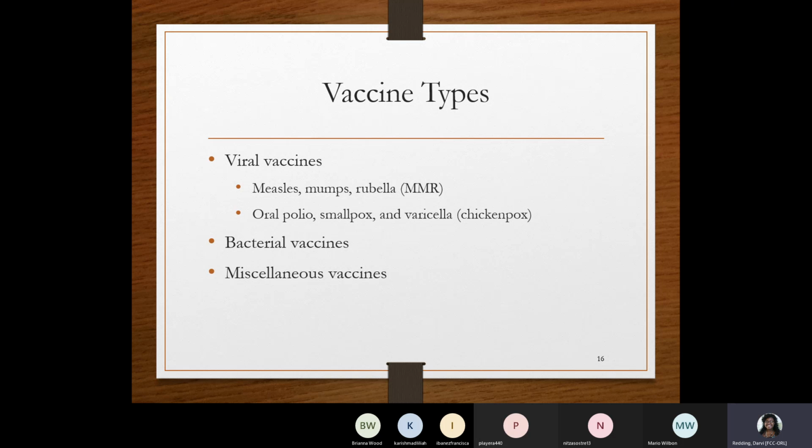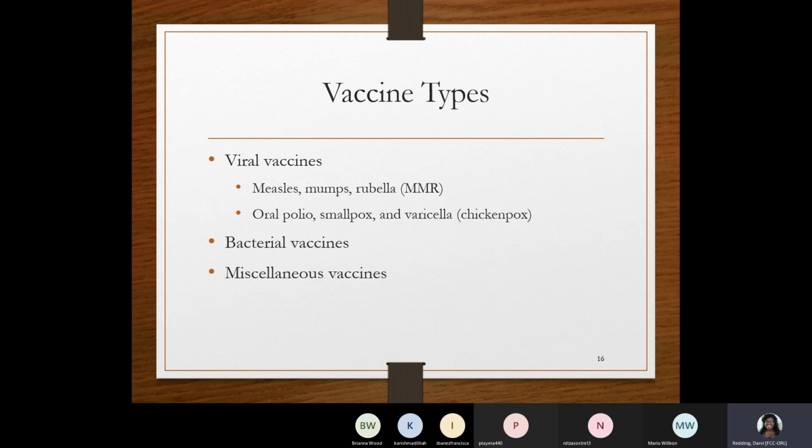You also have hepatitis vaccines, and so hepatitis represents inflammation of the liver. So anytime you hear hepatitis, itis represents inflammation, and hepat represents liver.